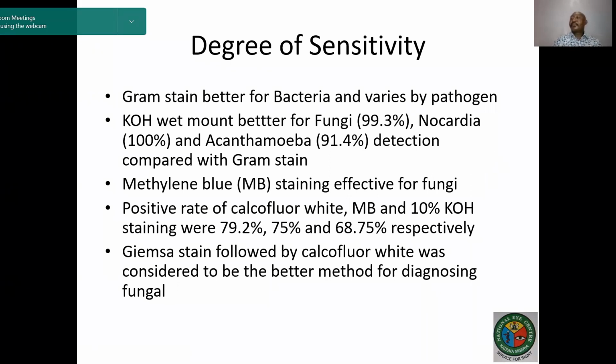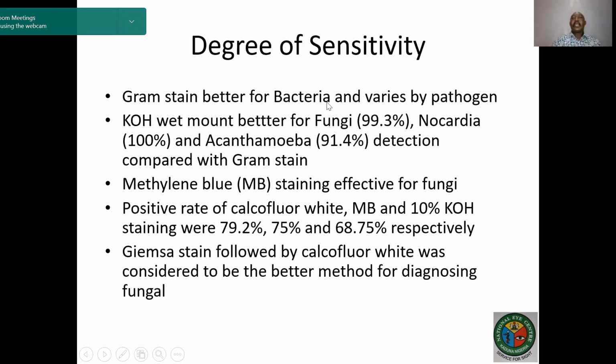For gram-positive organisms, it is said to have a higher degree of sensitivity. For bacteria like the gram-positive rods, Nocardia, you discover that they have lower sensitivity.